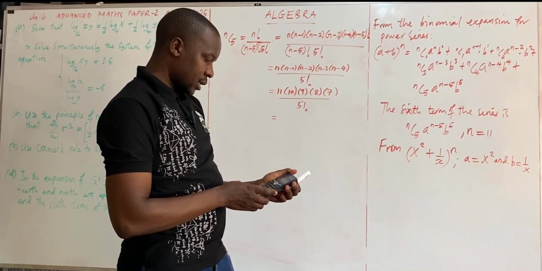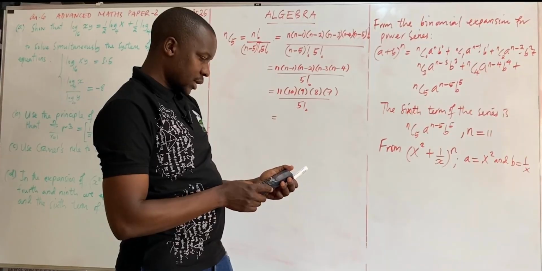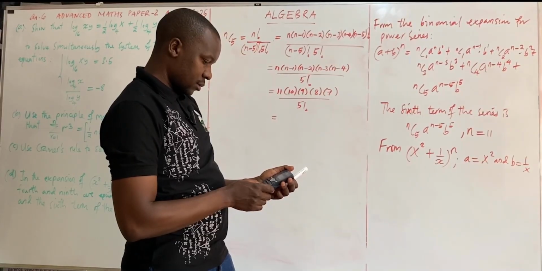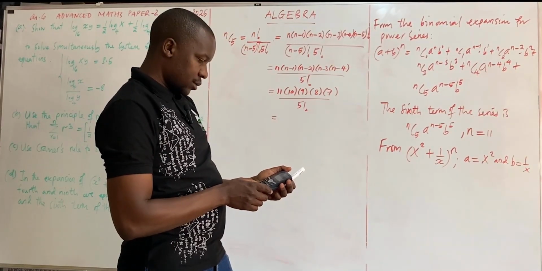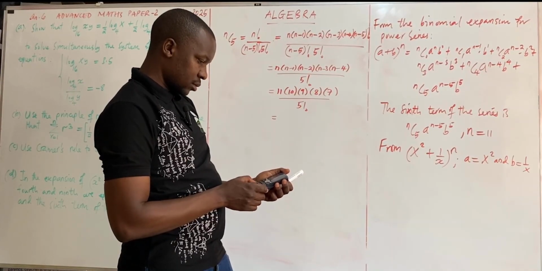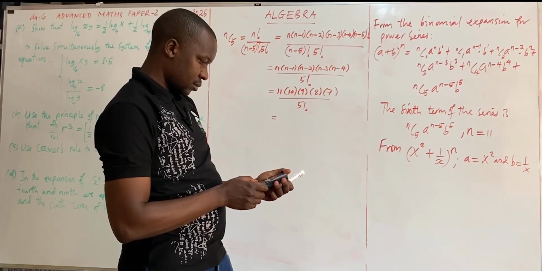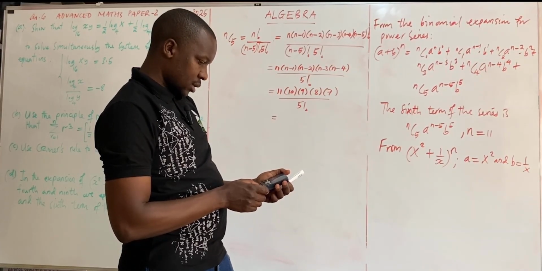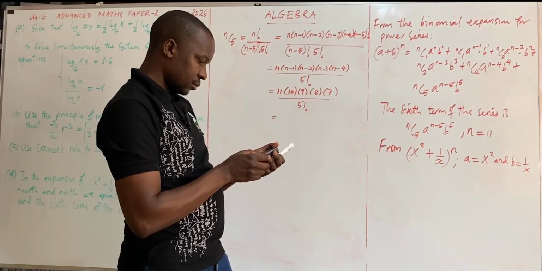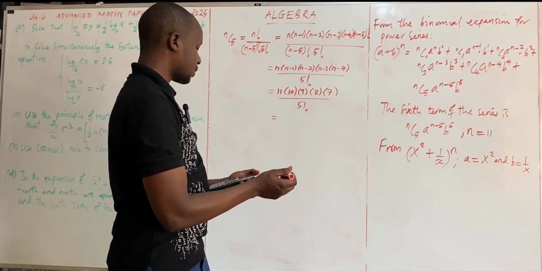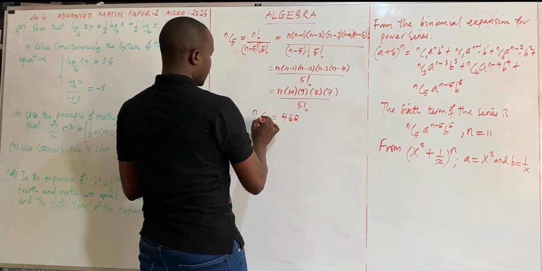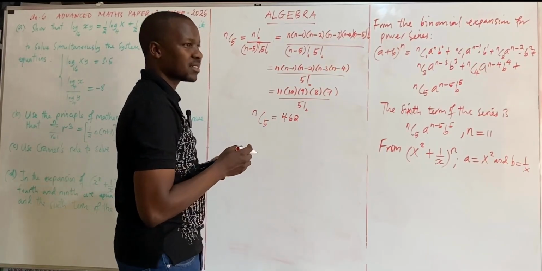So bracket 11 times 10 times 9 times 8 times 7, close bracket, then we divide by 5 factorial. So we get 462. That is the value of n choose 5, the coefficient of the sixth term.